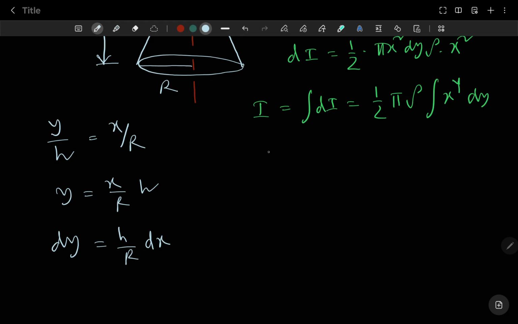So it will be I equals half pi rho, h by r, x⁴ dx.